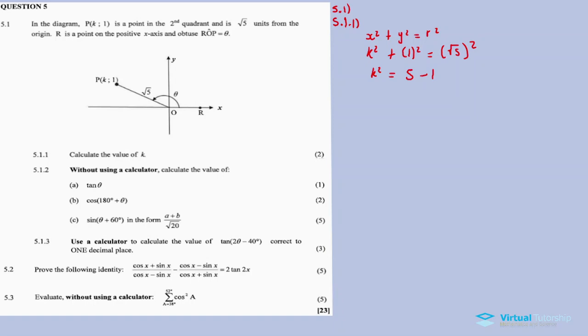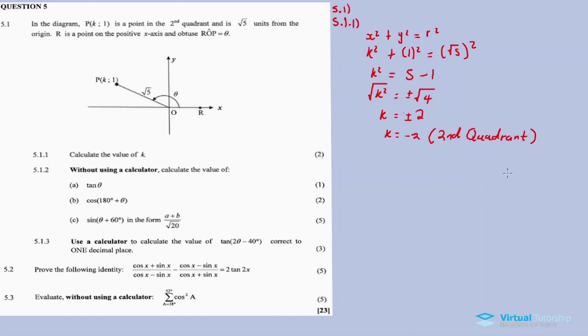Then I take the square root of both sides of the equation, with plus or minus. Whenever you take a square root, you need to put a plus or minus, so k is equal to plus or minus 2. But our k must be a negative value since the point P is in the second quadrant, so k is equal to minus 2.